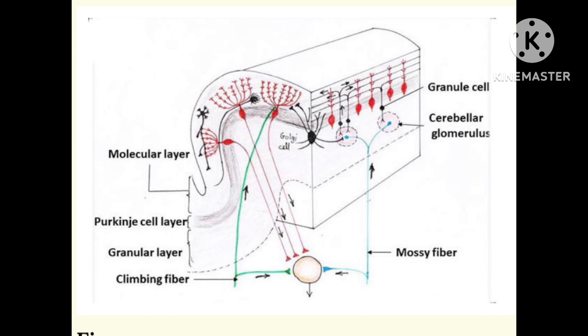So in the molecular layer there are stellate cells, basket cells and dendrites of the Purkinje cell. In the Purkinje cell layer lie the cell bodies of the Purkinje cells. And in the granular layer lie granular cells and Golgi cells.